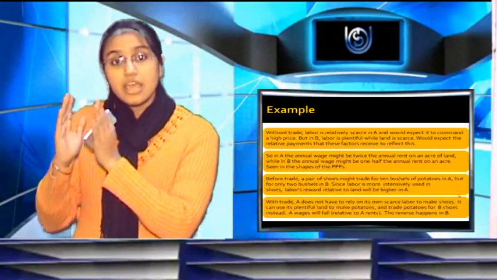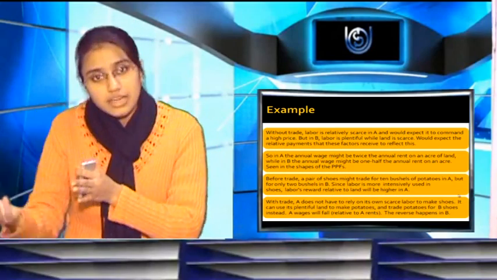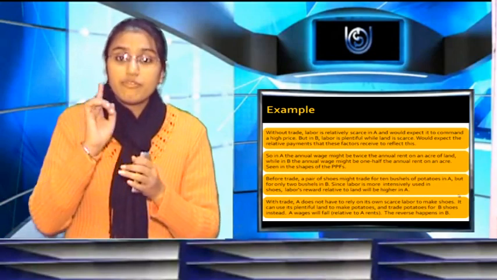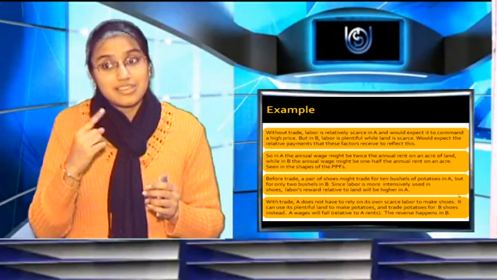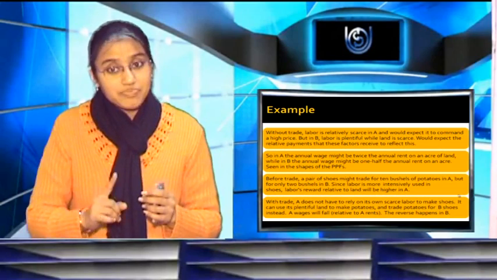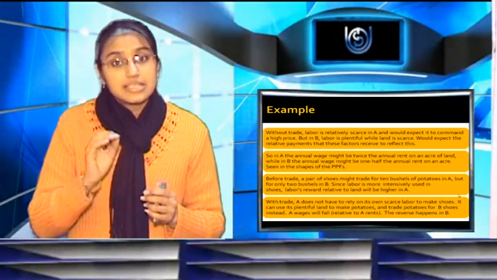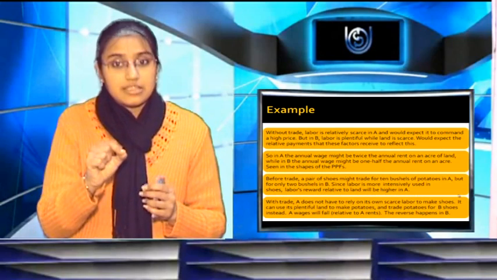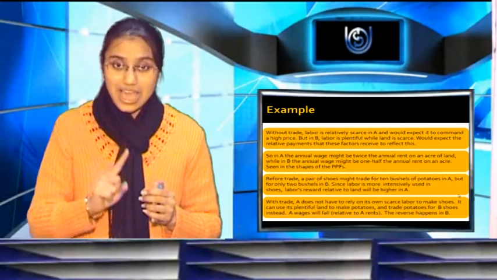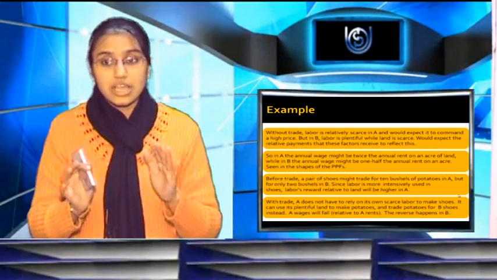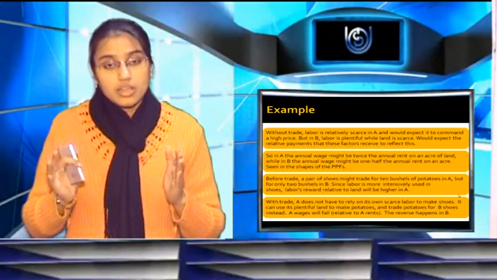Or we can say that in country B, labor is cheaper because they are good in labor-intensive production. So before trade, a pair of shoes might trade for 10 potatoes in A, but for only 2 bushels in B. Since labor is used more intensively in shoes, labor rewards relative to land will be higher in A. So that shows the prices change between the two countries.